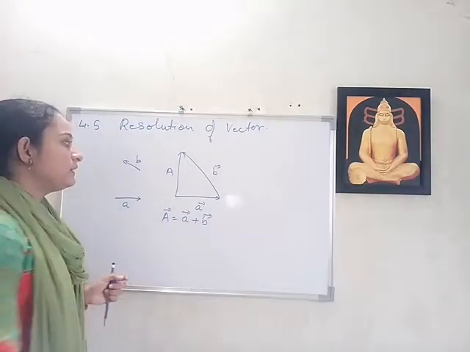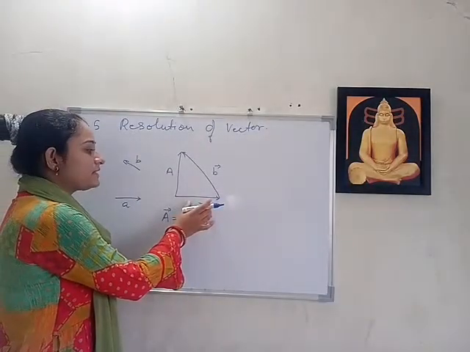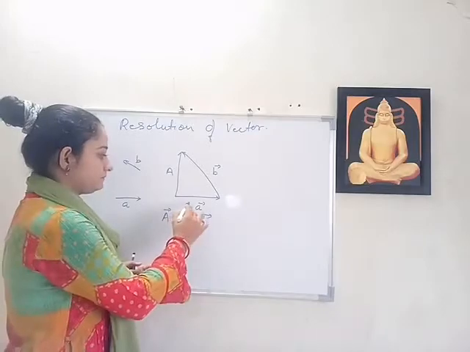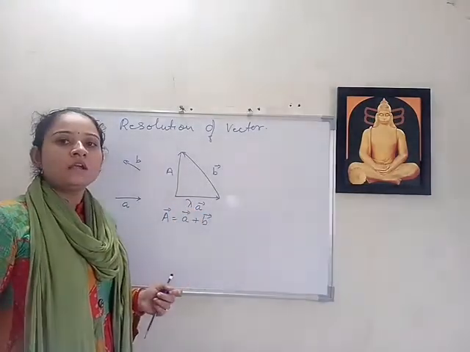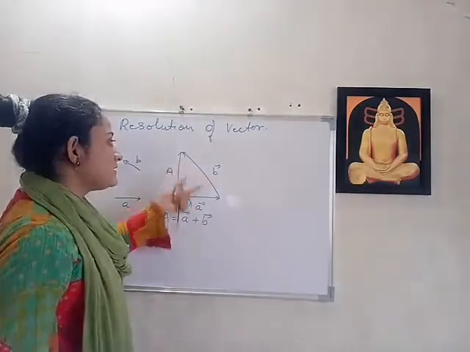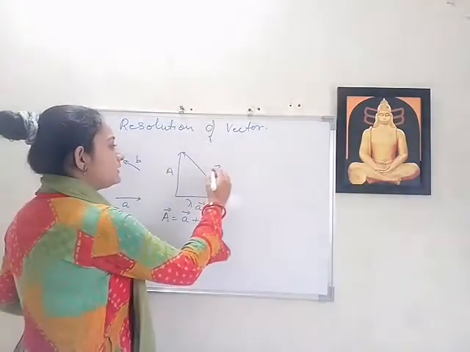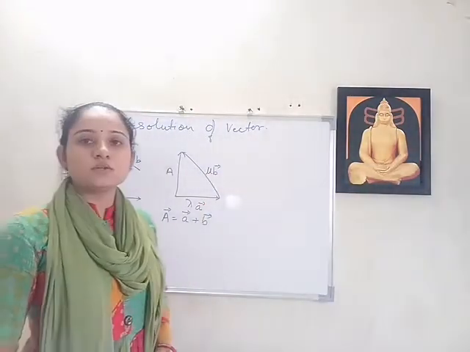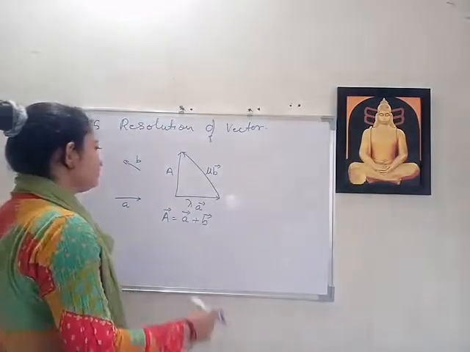Now consider that we multiply this vector A with any real number, say lambda. Now we multiply this vector B with another real number, say mu. This symbol is known as mu.